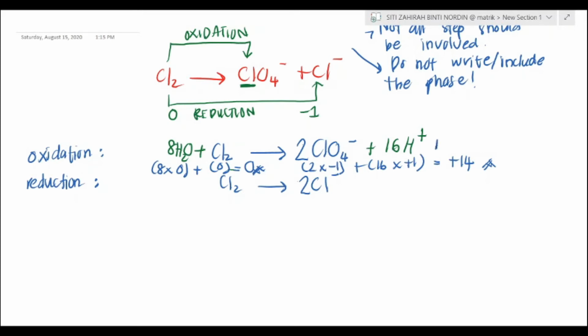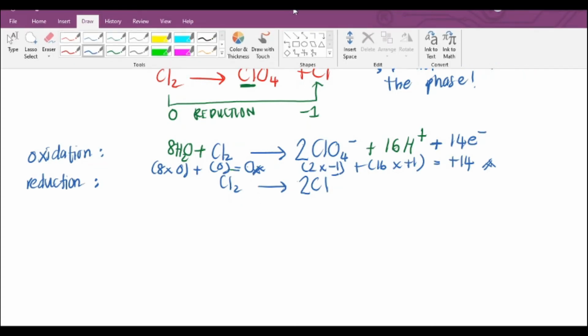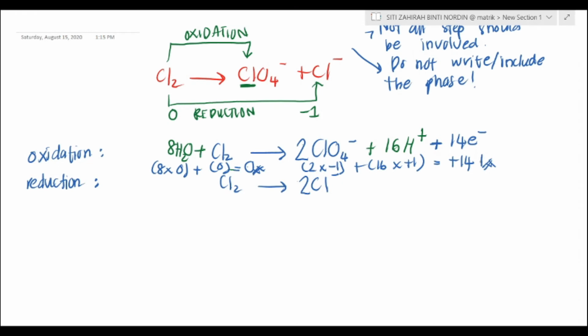So how many electrons for 14 to become 0? You need to add 14 electrons, because this total charge plus 14 times -1 leaves you with 0 as well. So both reactant and product have the same charge of 0.